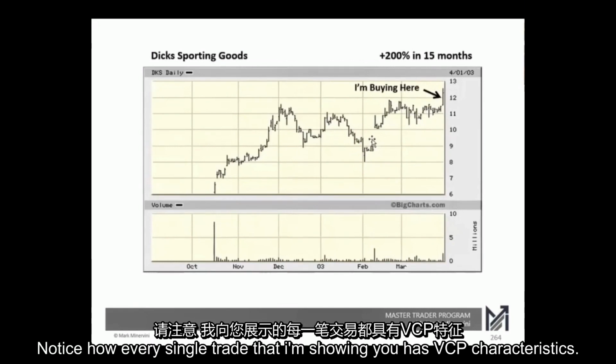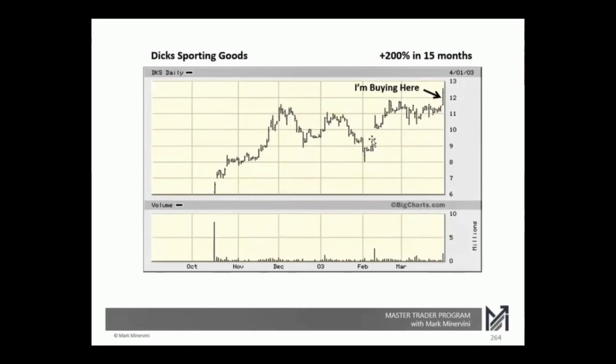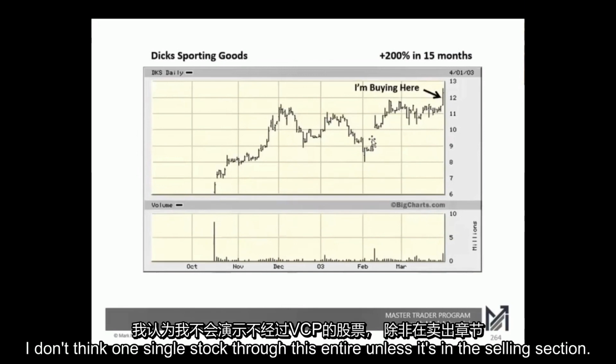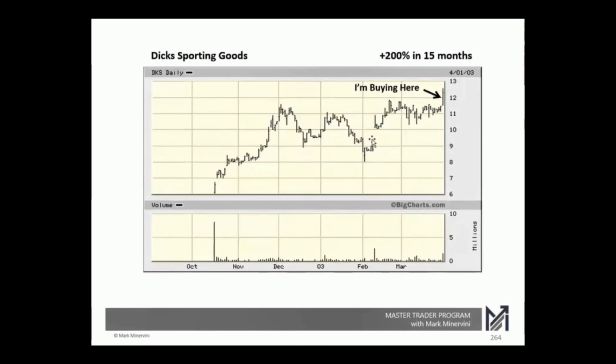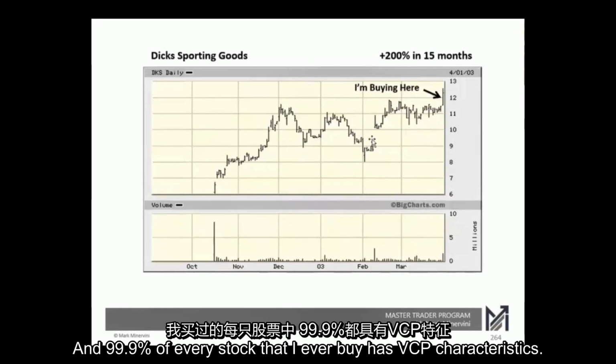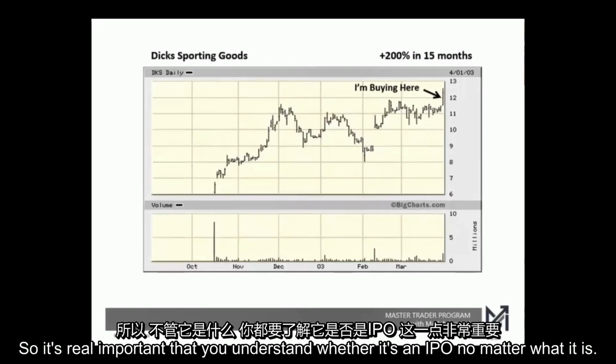Notice how every single trade that I'm showing you has VCP characteristics. Every one. We're not going to show you, I don't think, one single stock through this entire presentation, unless it's in the selling section, that doesn't have VCP characteristics for buying. And 99.9% of every stock that I ever buy has VCP characteristics. So it's real important that you understand, whether it's an IPO, no matter what it is.